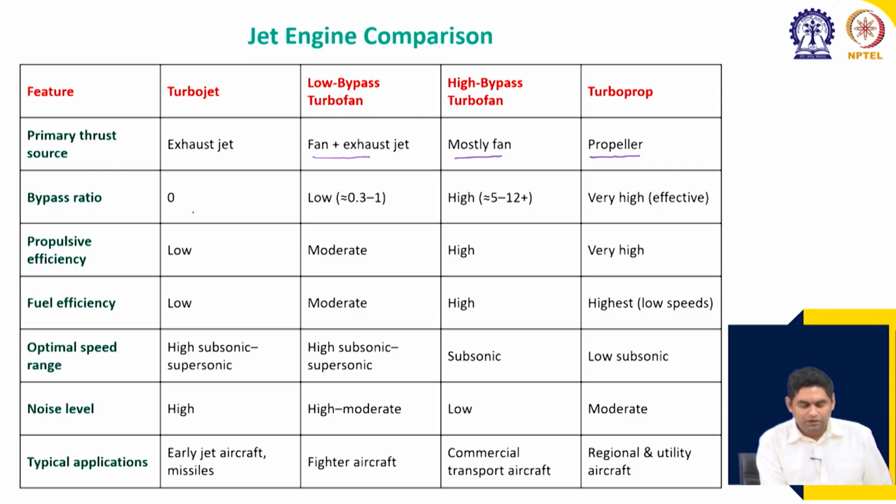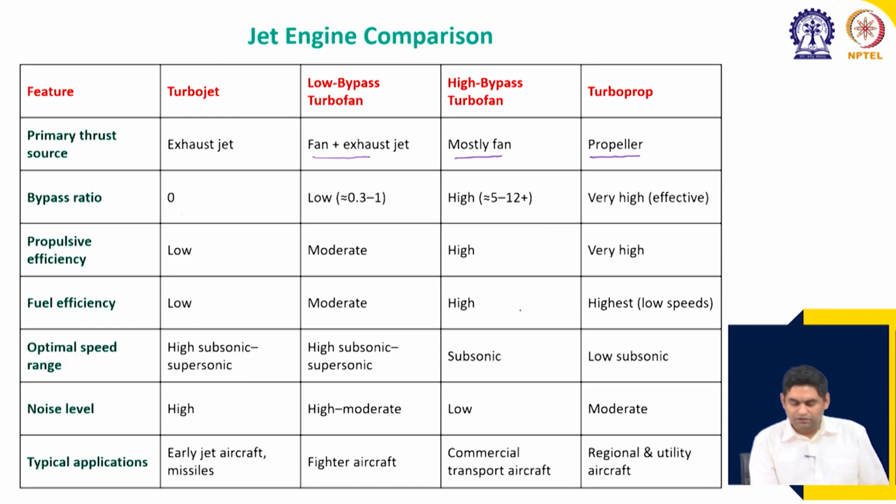Bypass ratios, by definition, are 0 for turbojet, 0.3 to 1 for low bypass turbofan like those used for military aircraft, 5 to 12 for passenger aircraft high bypass turbofan, and a very high effective bypass ratio of the order of 100 for turboprops. Propulsive efficiency is low for the turbojet and keeps on increasing towards the turboprop, that is what we have seen.